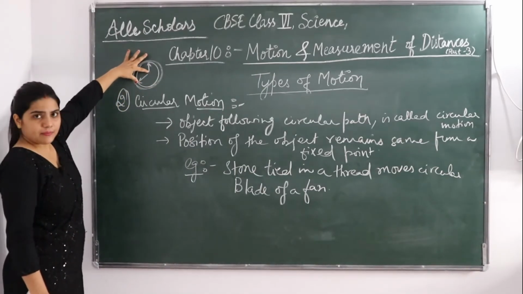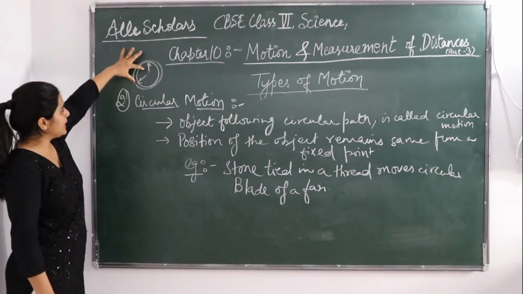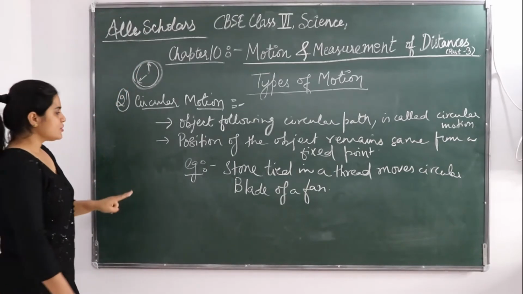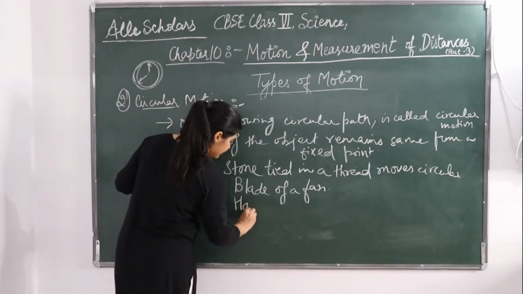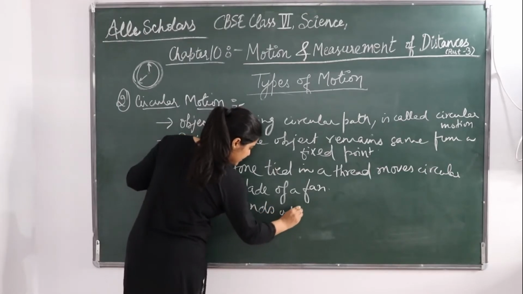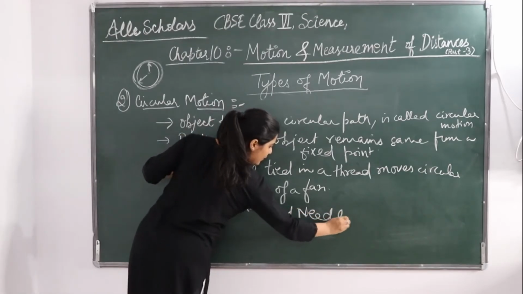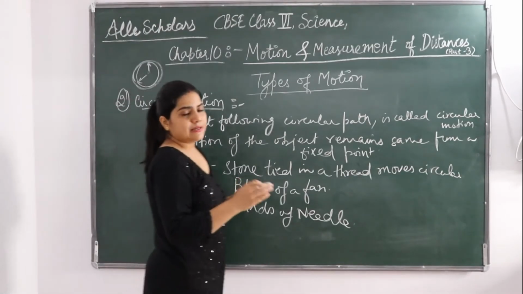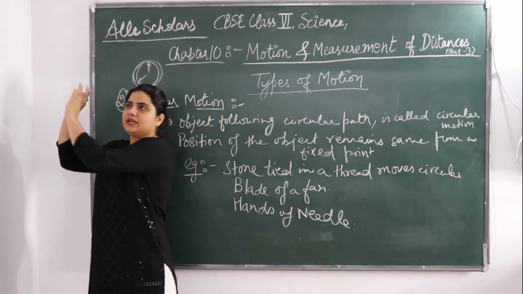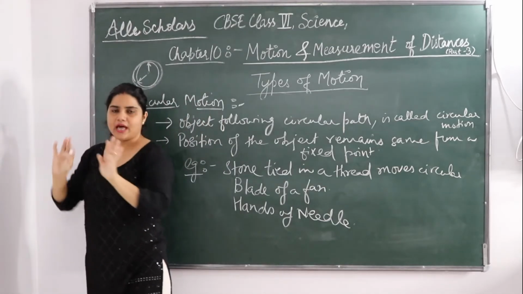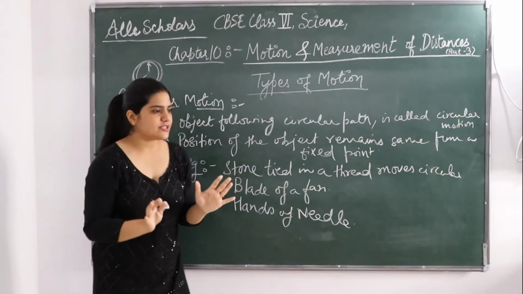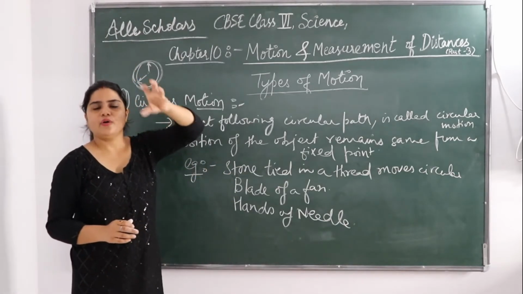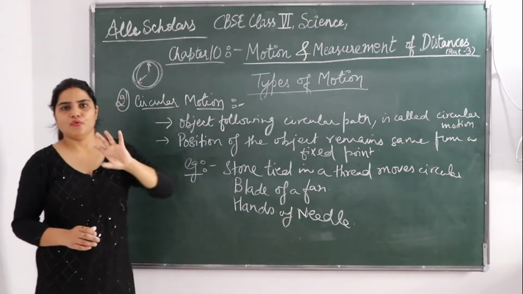The distance between the fixed point where the needle is attached and the needle is the same, wherever it is. Okay? So hands of a clock give a circular motion. The clock by itself is not moving. You don't see the clock was here and then it goes anywhere else. No. The clock is not changing its position. Only the needle, or you can say the hand of the clock, is moving.